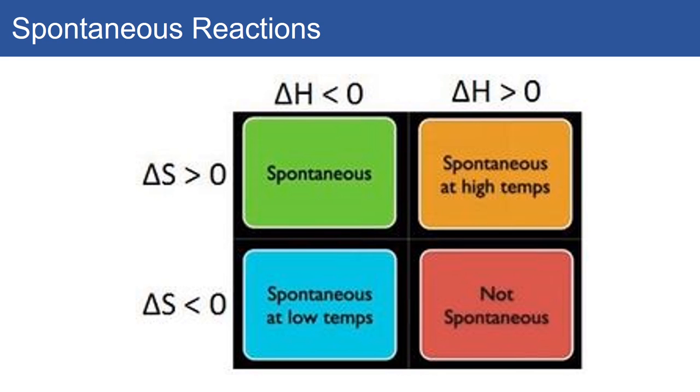It'll be spontaneous at low temperatures if the delta S is less than 0. For delta H greater than 0, it's spontaneous only at high temperatures when delta S is greater than 0, and it's not spontaneous at all when delta S is lower than 0. This kind of gives you an idea of the quadrant of the energy requirements of a system in relation to enthalpy and entropy.